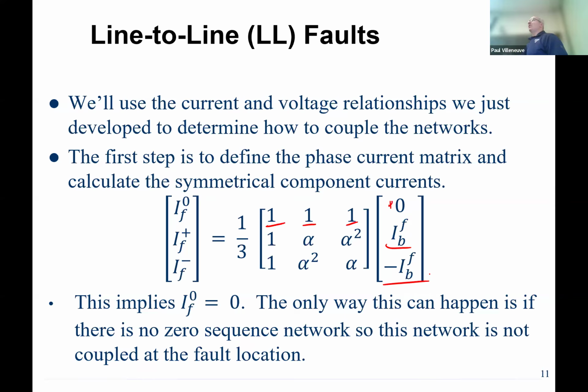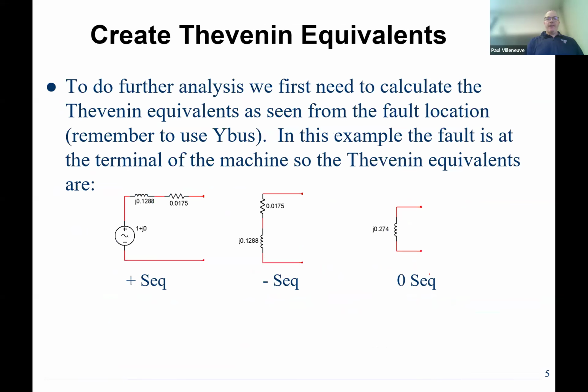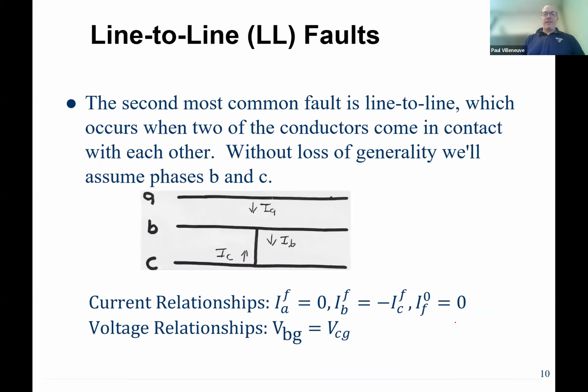So if I have no zero sequence current, how do I couple in the zero sequence network? That's a trick question. You don't. It's not coupled in. So the zero sequence diagram that you calculated all the way back over here stays disconnected. It still exists, but I'm not coupling it to the other two networks. So zero sequence is not coupled, but the other two are going to be coupled. So let's see how we can couple those together.